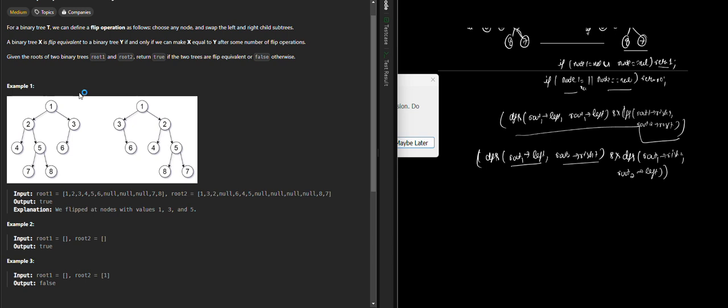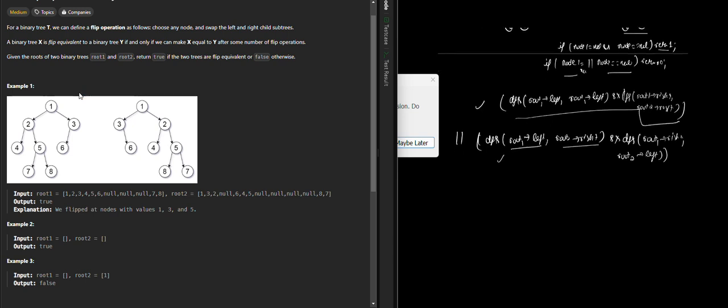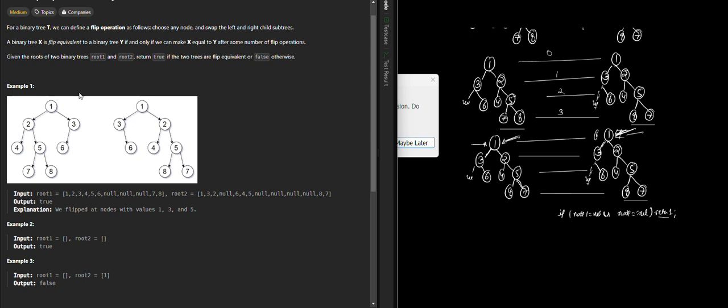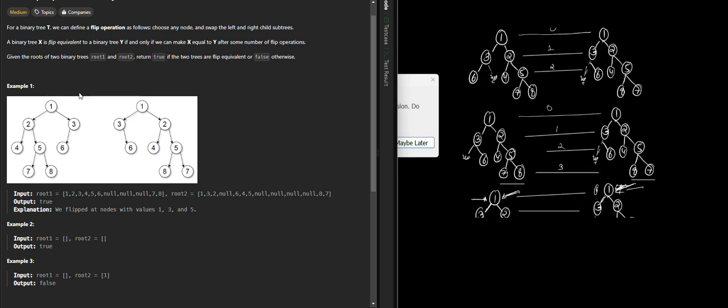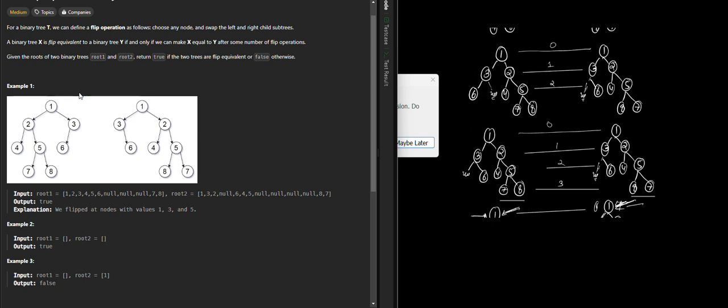We can flip the subtree of the current node, and after that we go to the next step. If either of the two conditions is true, we return true, otherwise we return false. If a condition returns true, we go on to the next level, and we do the same thing all the way down.